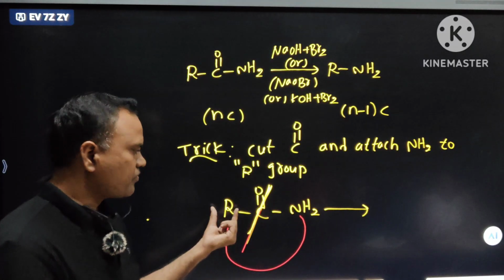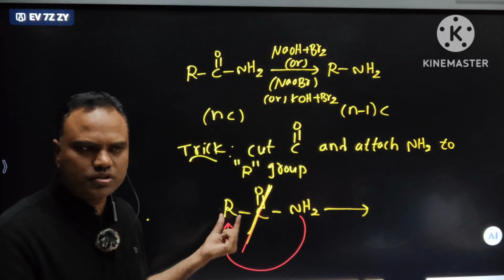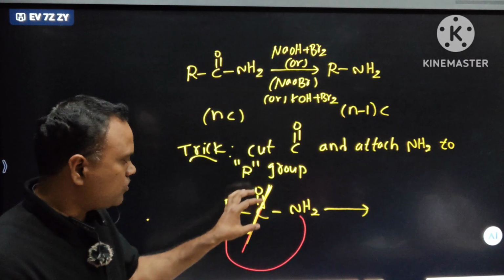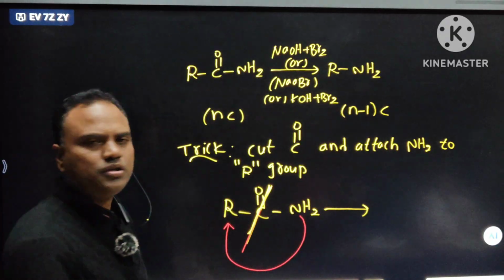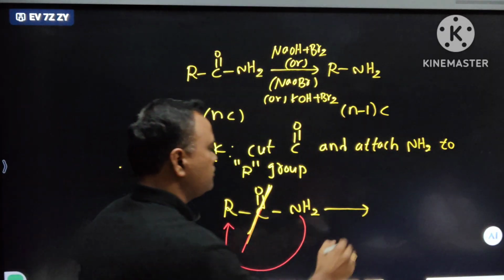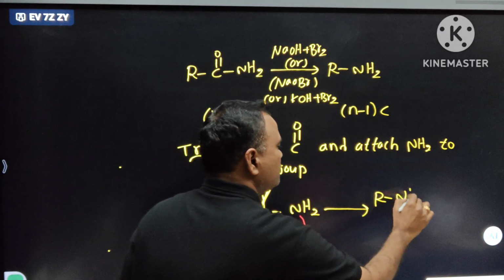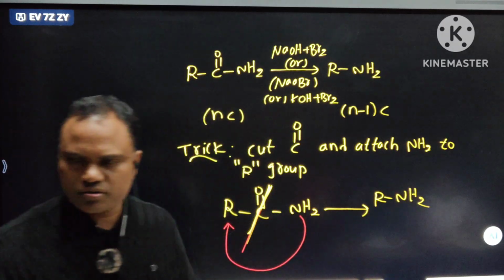Very simple. R may be anything, aliphatic, aromatic, anything. How to write the product? Remove C double bond O, attach NH2. Clear? So, RNH2. I'll give the byproducts later.